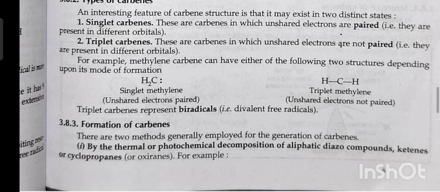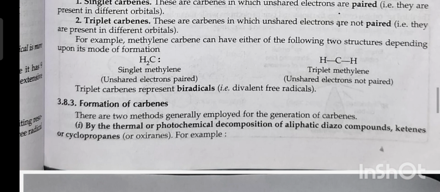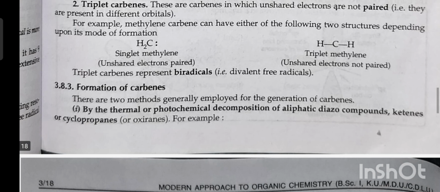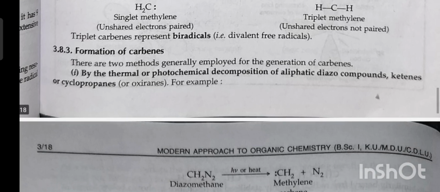For example, methylene carbene can have either of the following two structures depending upon the mode of formation. Singlet methylene, unshared electrons paired, or triplet methylene, unshared electrons not paired. Triplet carbene represents a biradical, a divalent free radical.